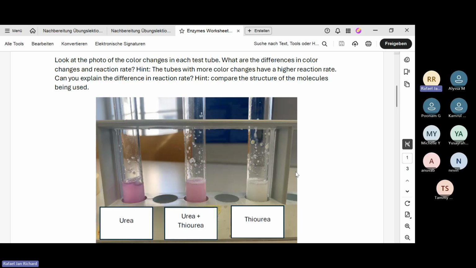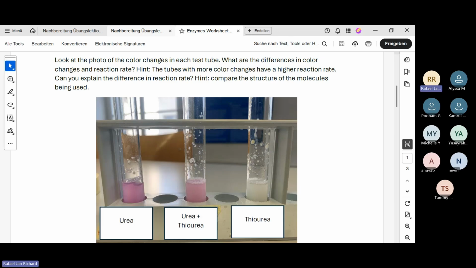This is an indicator which changes its color with a changing pH inside the solution. Yeah, this is a perfect answer that you can see in the chat.